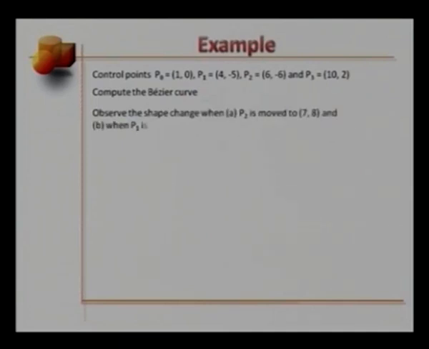And further, let's observe the shape change when point P2 is moved from its previous location 6, minus 6 to a new location 7, 8. And following that, when point P1 is moved from its location 4, minus 5 to a new location 9, minus 6.